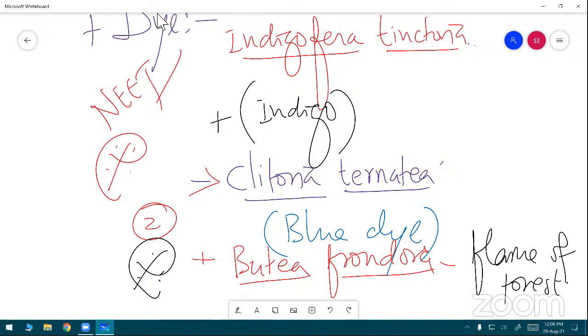That's why it is known as the flame of the forest. In midday you can see the red color of Butea frondosa looks like flames of fire. So definitely the question is going to be asked: which of the following is known as the flame of the forest?